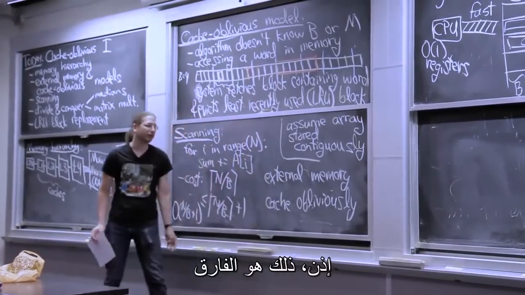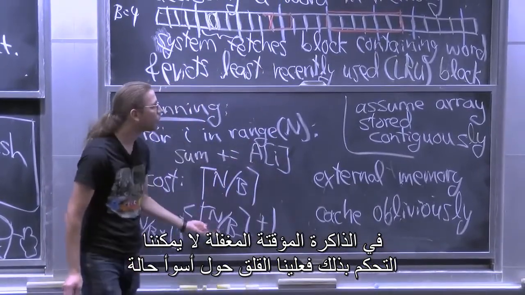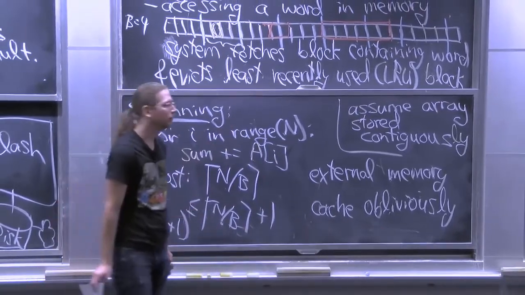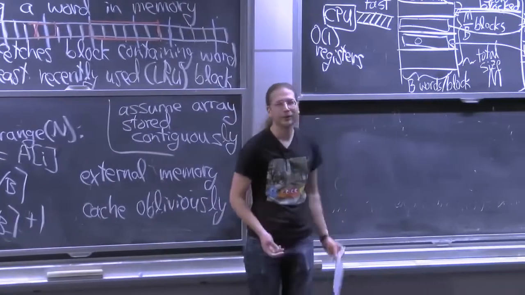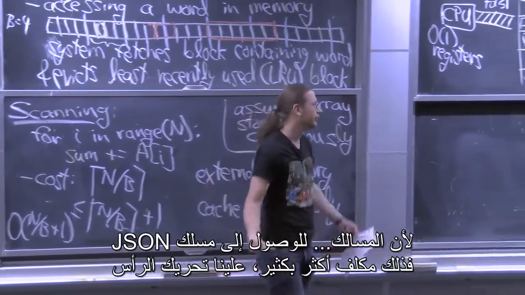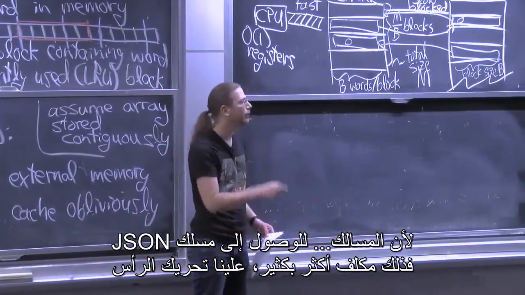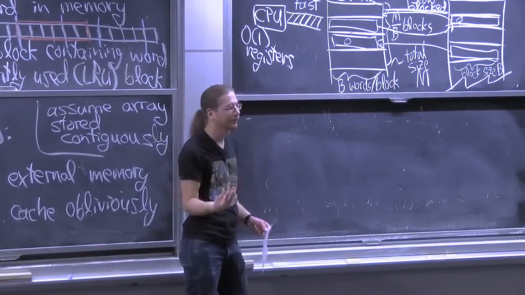So that's the distinction. In the cache oblivious model, you can't control that, so you have to worry about the worst case. External memory, you could control it and you could do better. Maybe you'd want to. It will hurt you by a constant factor. In disks, for example, you want things to be track aligned, because if you have to go to an adjacent track, it's a lot more expensive. You've got to move the head. A track is a circle, what you can read without moving the head.